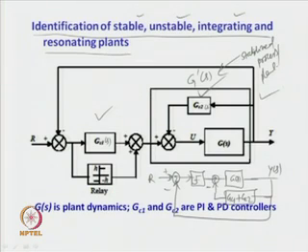So, the equivalent diagram of this scheme shows us that the relay experiences plant dynamics which is subjected to inner feedback controllers, where we have both controllers present in the inner loop.